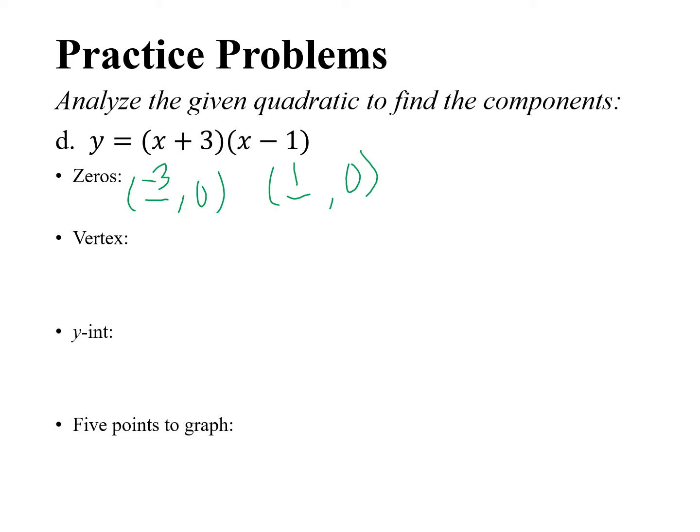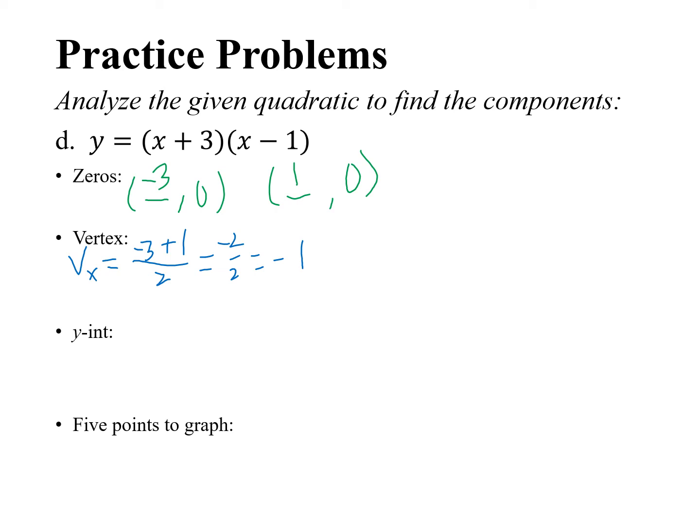To find the vertex, well, to find the x value of the vertex, I need to find the halfway point between my two roots. To do that, I take the first one plus the second one and divide by 2, which gives me a -2 over +2. So the x value of my vertex, or the line of symmetry, is going to be x equals -1.